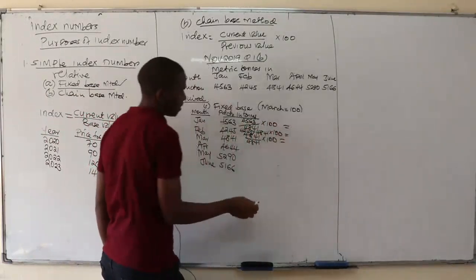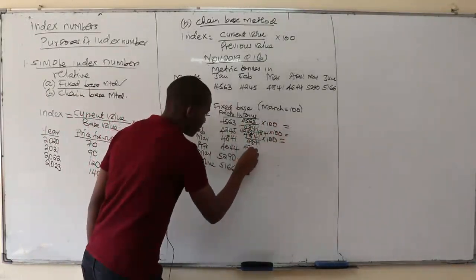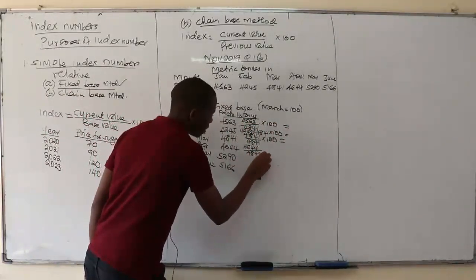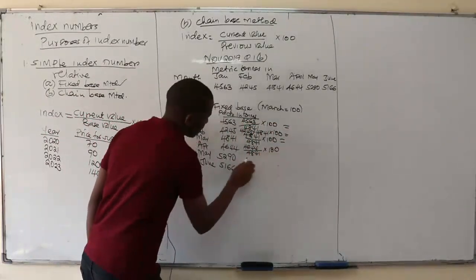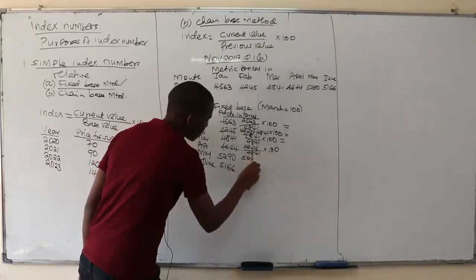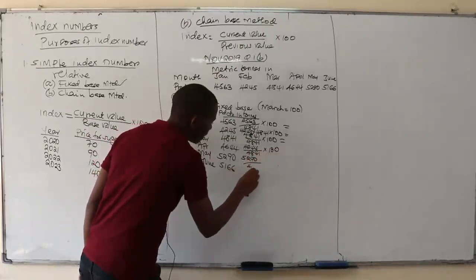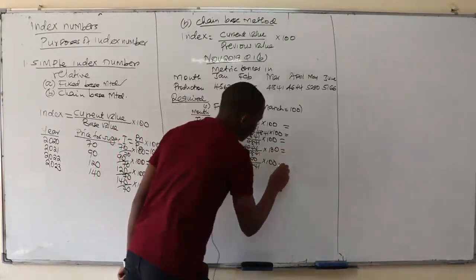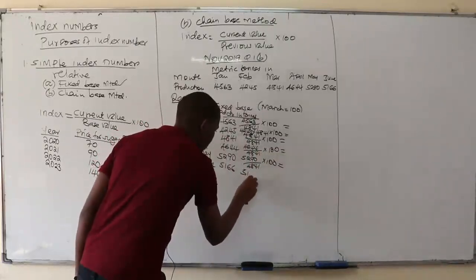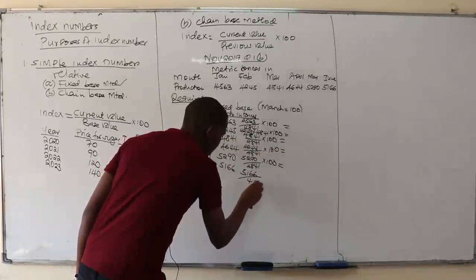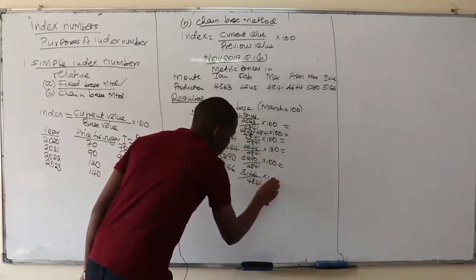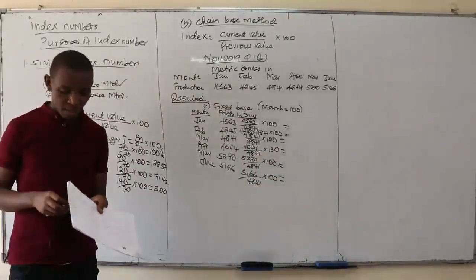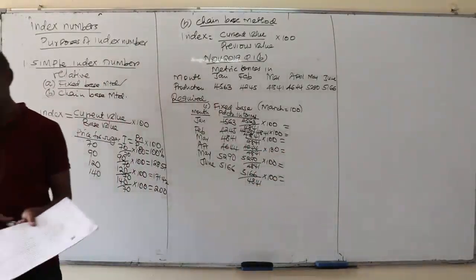How much are you getting? 4644, divide by 4841, you multiply by 100. 5290, divide by 4841, multiply by 100. The last one is 5166, divide by 4841, you multiply by 100. How much is it giving you?